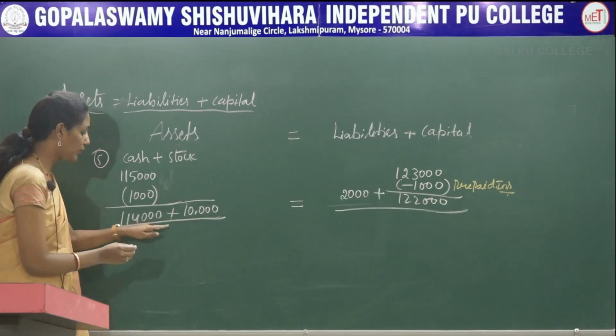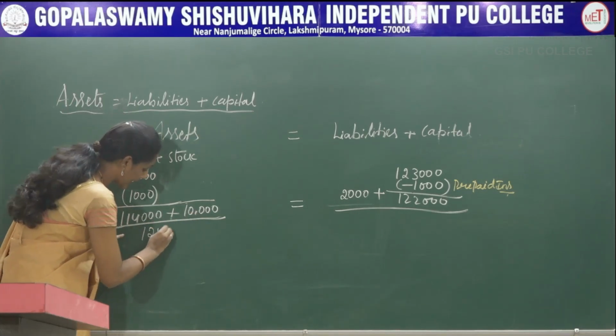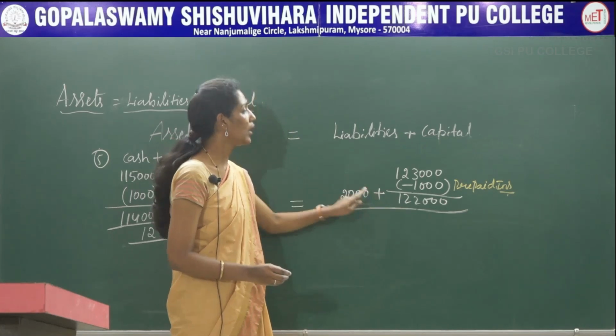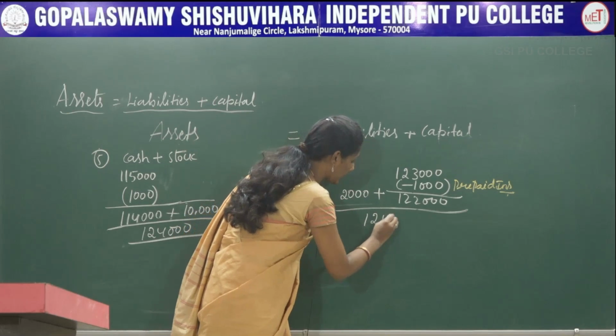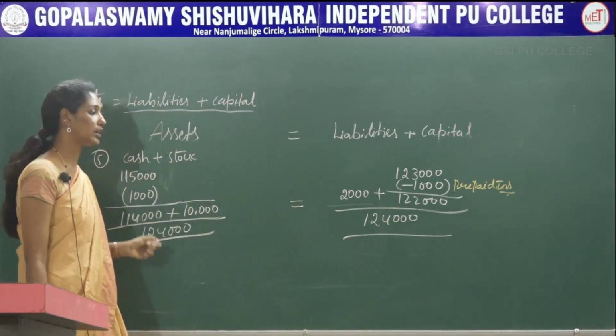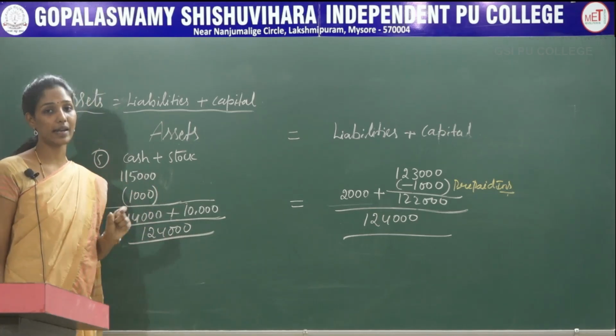So now add both the assets together. 1,14,000 plus 10,000, 1,24,000. On the other side of the equation also add both capital and liabilities. You will get 1,24,000. 2,000 plus 1,22,000 comes to 1,24,000. Now this equation is correct.